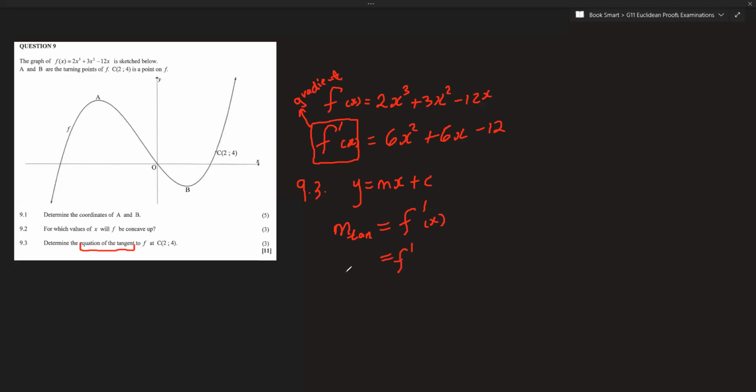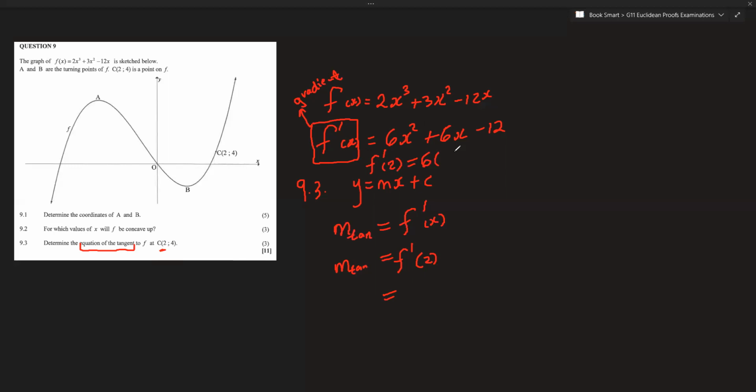So we can further say the gradient of the tangent is the same as the gradient of the curve when x is what? When x is 2. So I can put 2 there. Awesome. So now I can come here and say f prime at 2 and see how much I'm going to get, right?